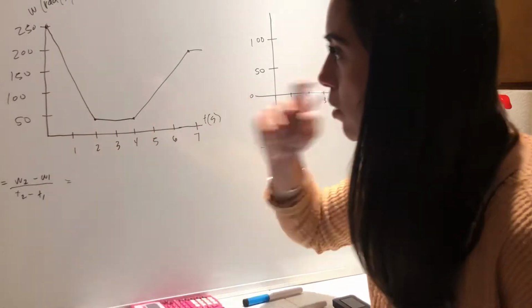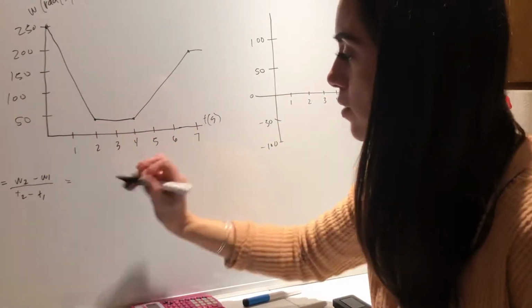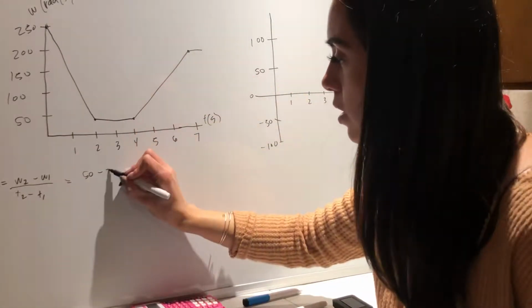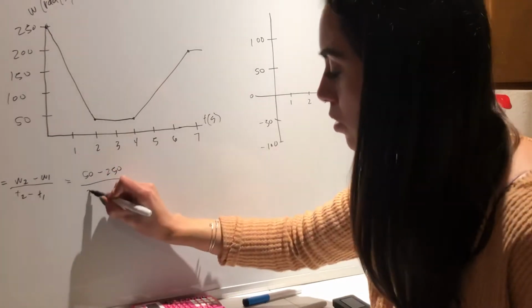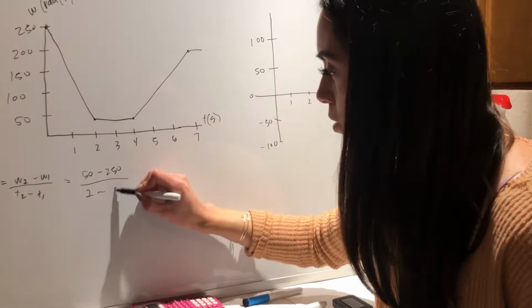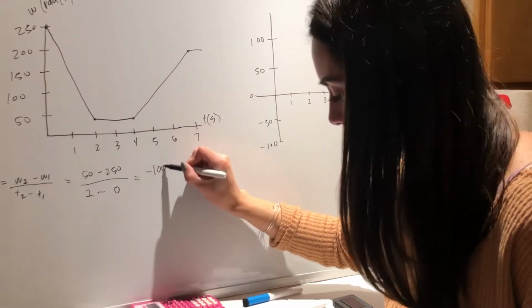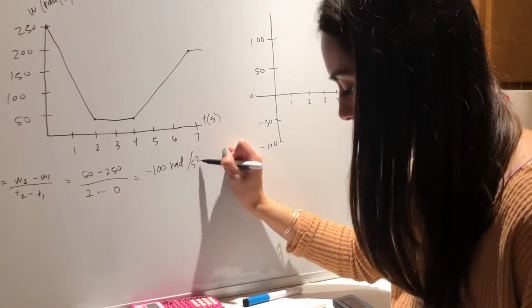W1 is 250, and W2 is 50. So 50 minus 250, divided by T2, which is 2, minus T1, which is 0. And that's going to be equal to negative 100 radians per second squared.